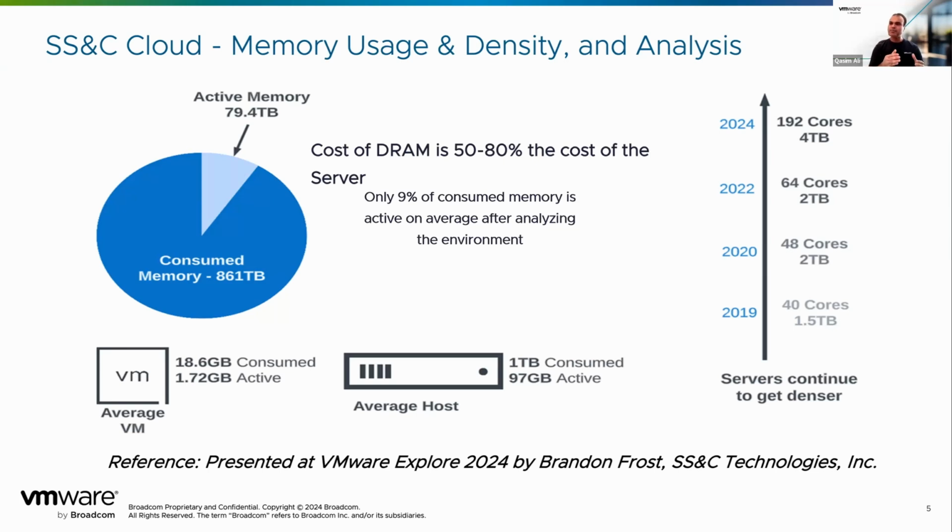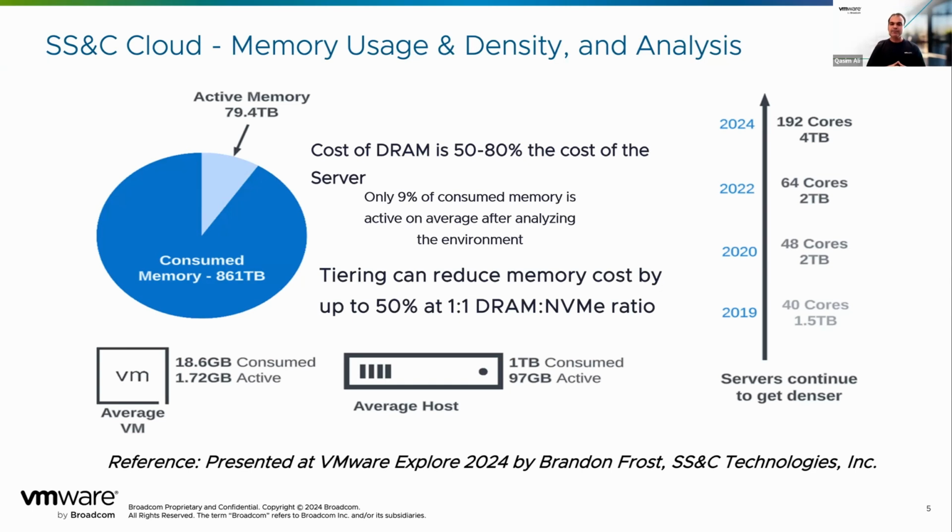If your applications are memory bound, you will hit this memory capacity first and you leave some of the cores idle. So again, NVMe memory tiering will unlock these cores. It will unlock this additional capacity using NVMe as the secondary device, which is a cheaper device. Our friends at SS&C have done this math for us and they believe that tiering can reduce the memory cost by up to 50%. That's a huge number.